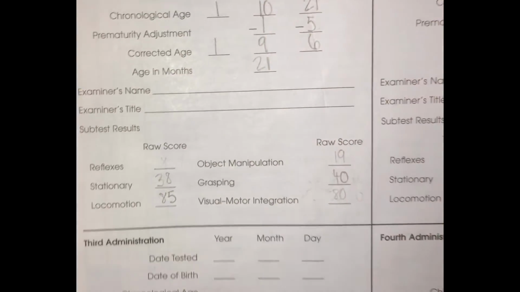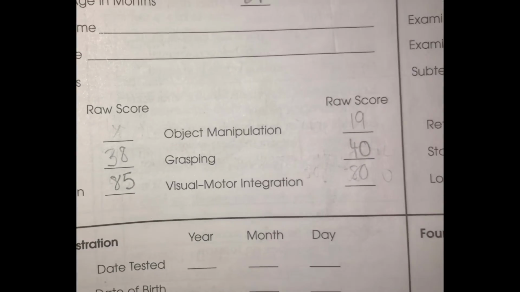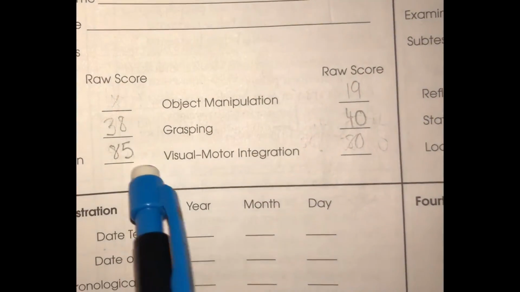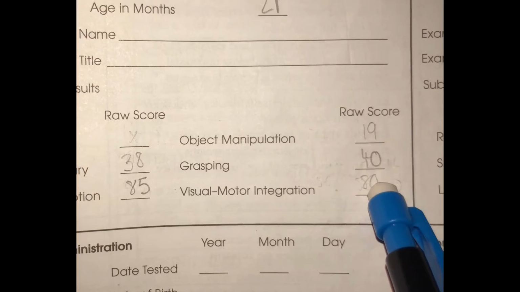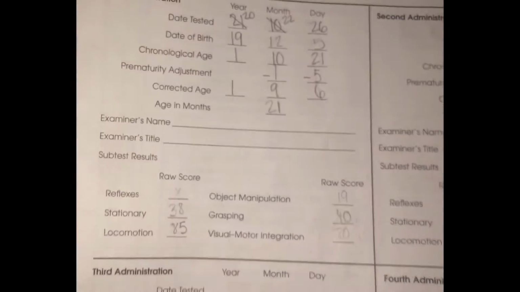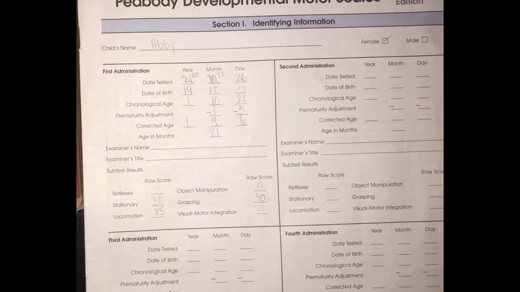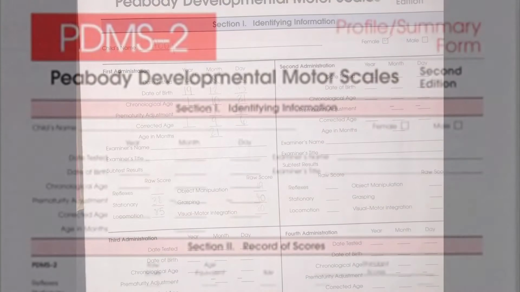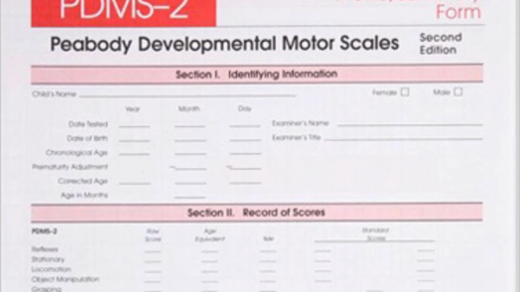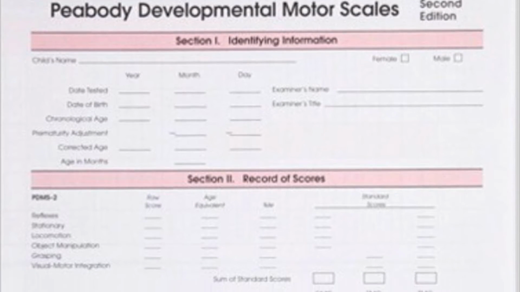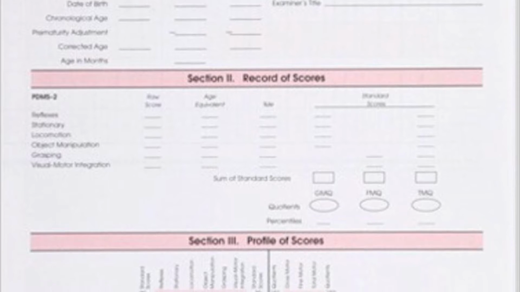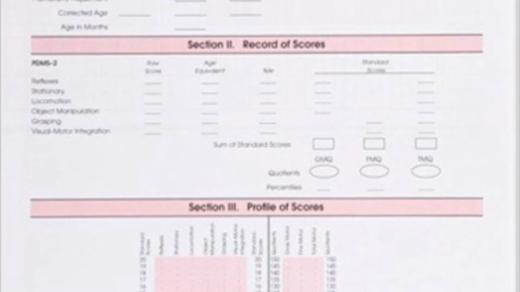So after you calculate all of the raw scores for each section that you test, which I've done here, you would then move on to another sheet that comes with the Peabody, which is the profile summary form. Here I've provided a screenshot of the actual profile summary form. As you can see, there's 3 different sections. I just replicated the second section because that's where a majority of the calculations are taking place.